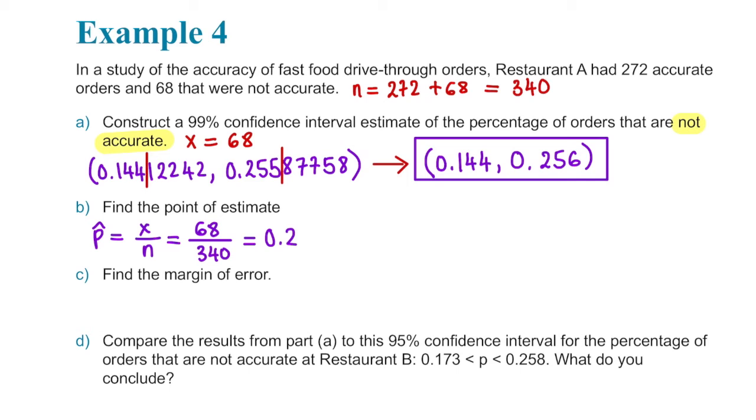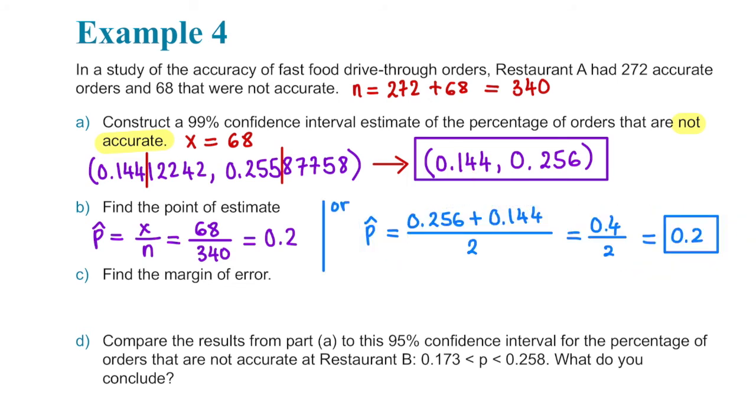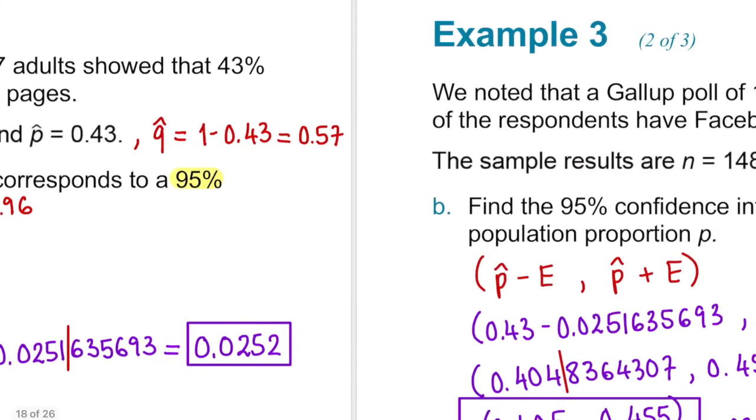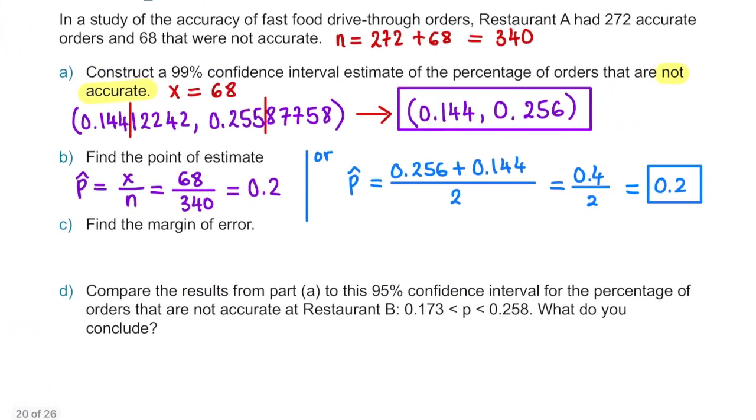Another way to find P hat is to take the upper limit plus the lower limit divided by 2. C. Find the margin of error. You can use this formula to find the margin of error if you want to. However, I have a different formula for this. I can take the upper limit minus the lower limit divided by 2 to get my margin of error.